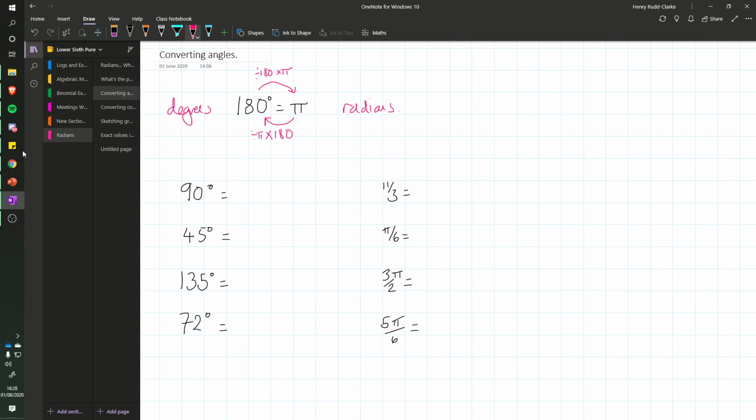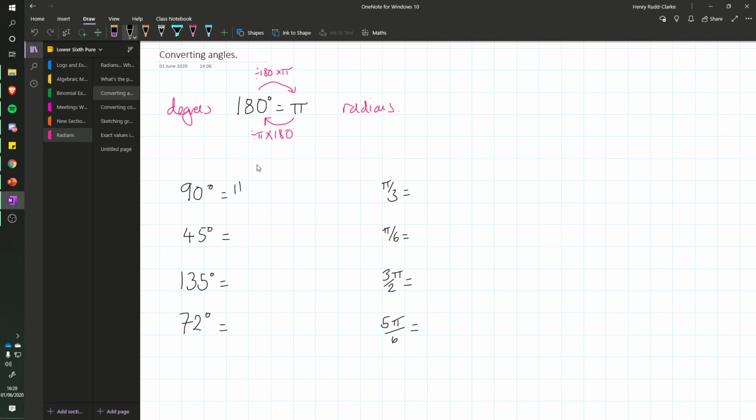In most cases though, it's easier to just think about what the angle in question is, and then convert it. If I wanted to know what 90 degrees is in radians, looking at the original statement that 180 is equal to pi, it makes sense that 90 degrees is pi over 2 radians.